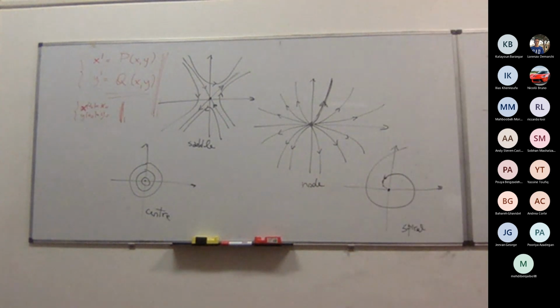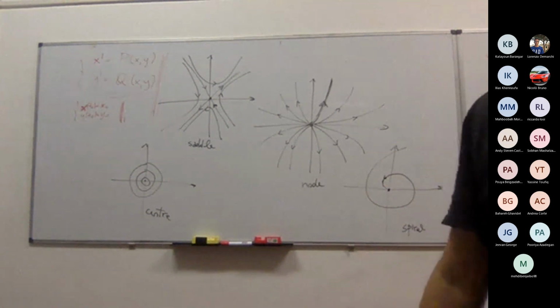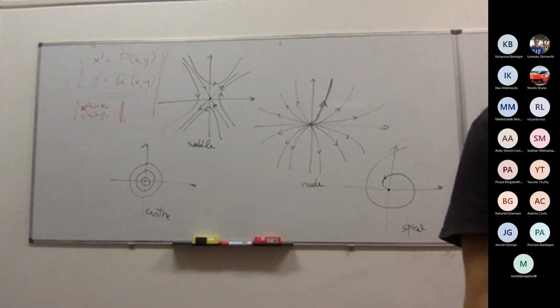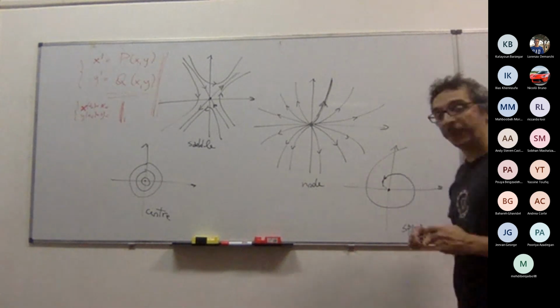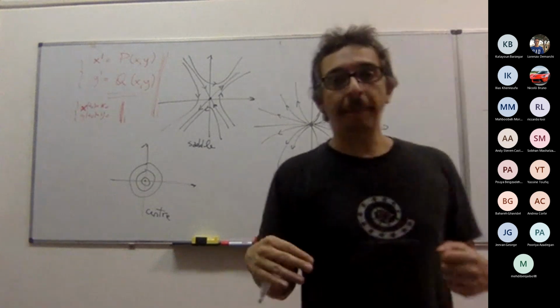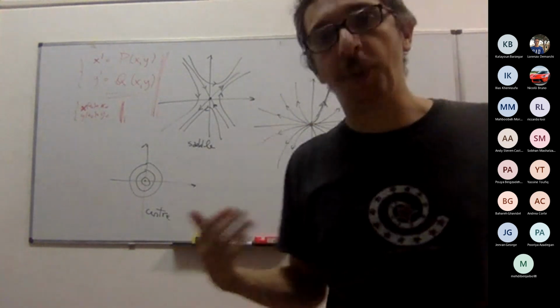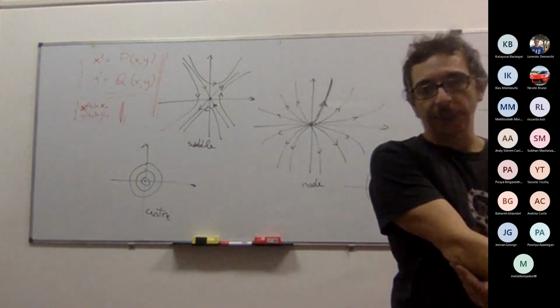Now, next, what I want to do is to try to understand if it's possible to say something about the stability of the solutions, the relation between stability of the solutions and critical points.